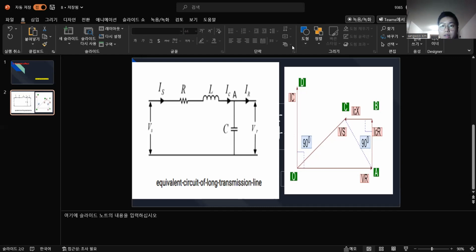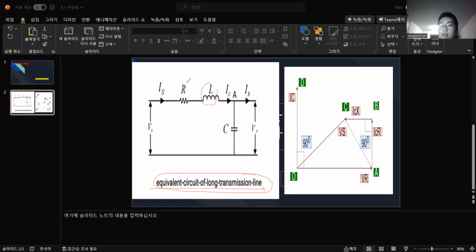It's really easy, guys. First of all, we need to draw the equivalent circuit. This is a long transmission line, but compared to L, the line resistance R is really small.